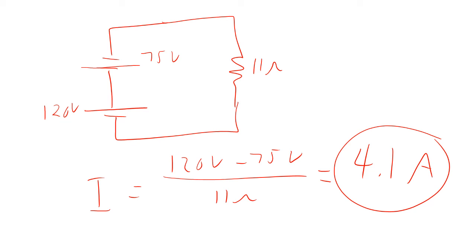So now the question would be, suppose your power tool is spinning at half speed. So you're putting it under load, it's not spinning at full speed. How much current does it draw? So the question is, what's the back EMF? Well, the back EMF is 75 volts at full speed.